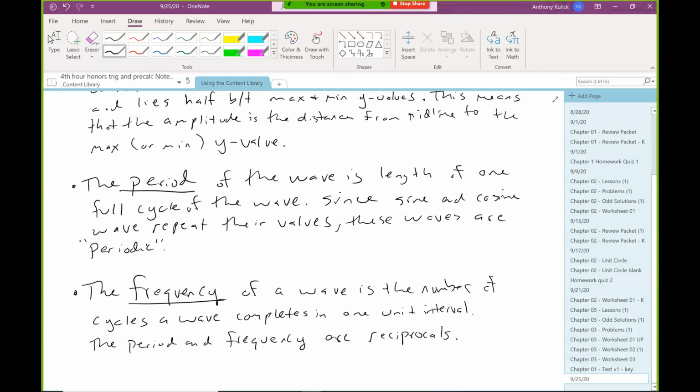So the frequency and period are going to be necessarily reciprocals of one another.